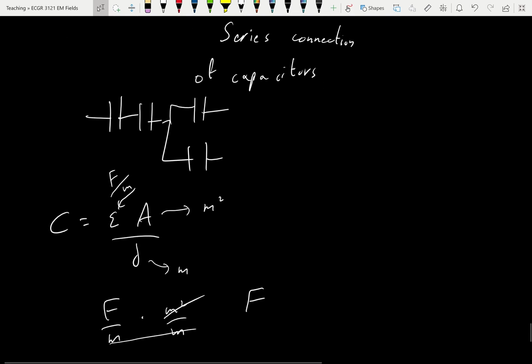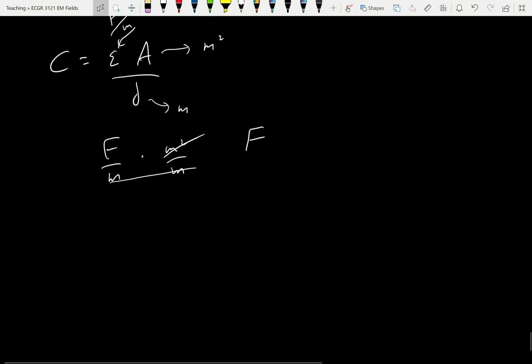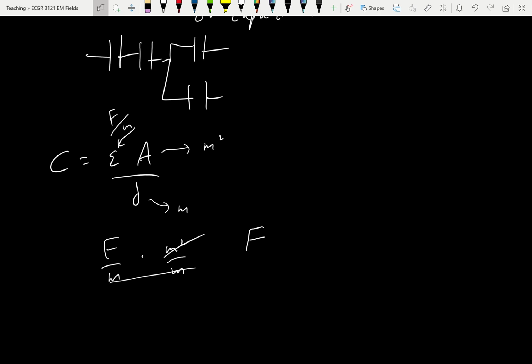One interesting thing about capacitance: we know from circuits that capacitors hold voltage, and we know that they hold energy. That's from the circuits perspective. But now we know from the EM perspective that what capacitors do is hold charge for a certain voltage, right?